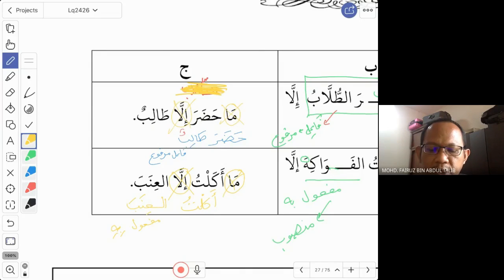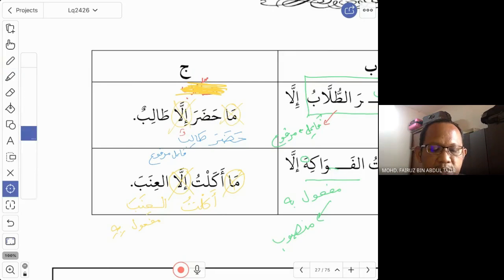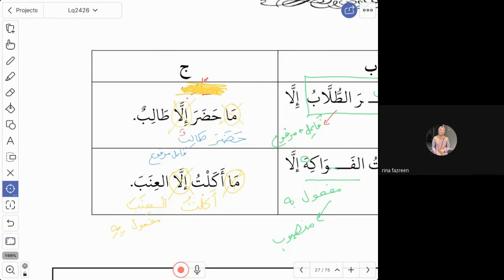So ma hadara, who did not attend? So we can assume that everybody else did not attend except this one student. So this one student is the mustasna. It is excluded from the population, but of course they did not mention it. So that is why we said that the mustasna minhu is not mentioned. Is it okay, Rina? Okay.